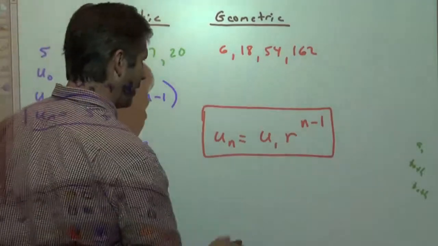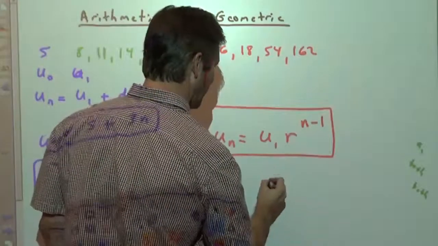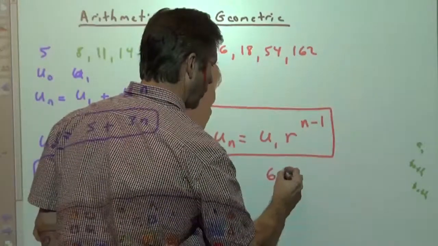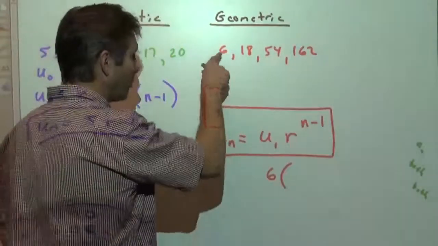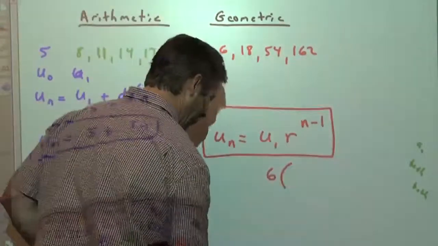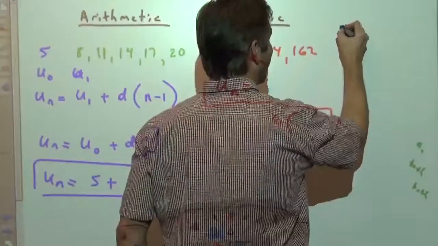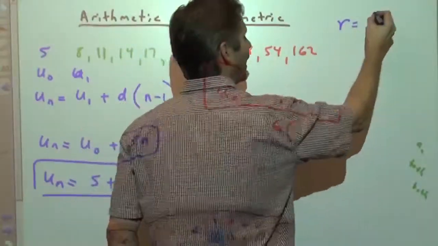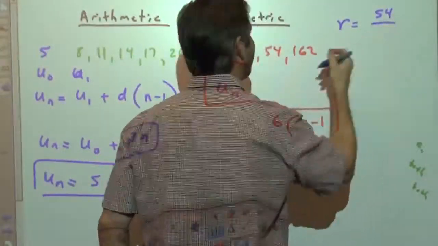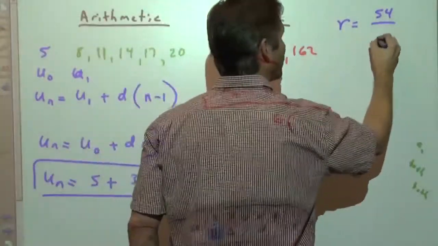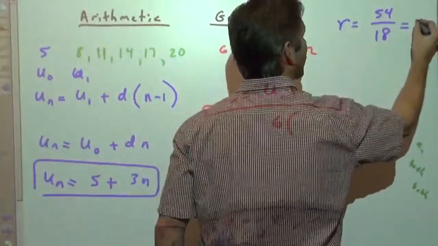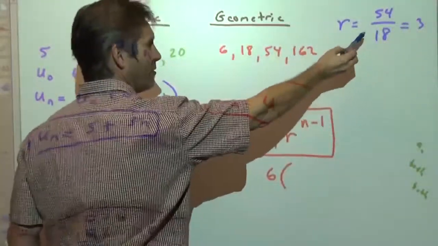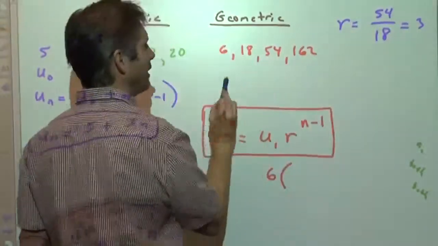So in our case right here, the first term is 6. We're going to multiply it by the common ratio. We keep multiplying by 3. And by the way, the other way to find r, the common ratio, take a term like 54 and divide it by the term right before it, which is 18. That gives you 3. So you know that 54 is 3 times whatever 18 was.